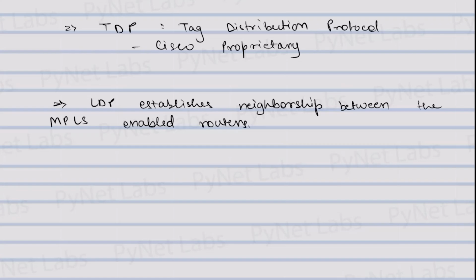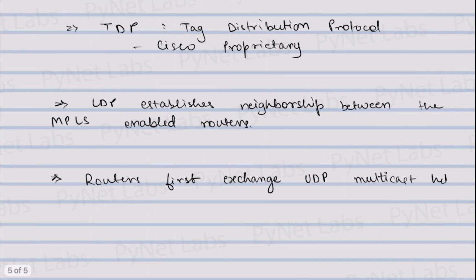So initially we can say the routers first exchange UDP multicast hello packets to discover the other neighbors.